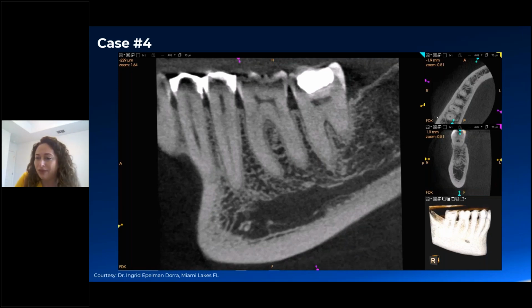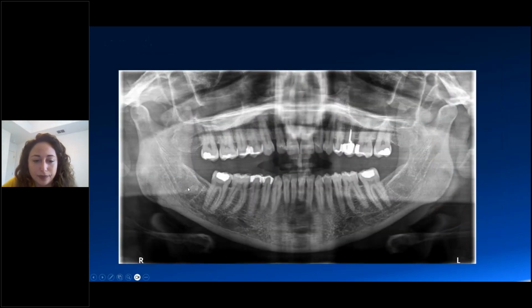We don't even have to have a differential diagnosis or to know exactly what to do next. Once you recognize there's something wrong, you can refer it out and get a second opinion. You can refer to the surgeon, but at least we have to try to find why the patient is feeling this way using a CBCT scan.